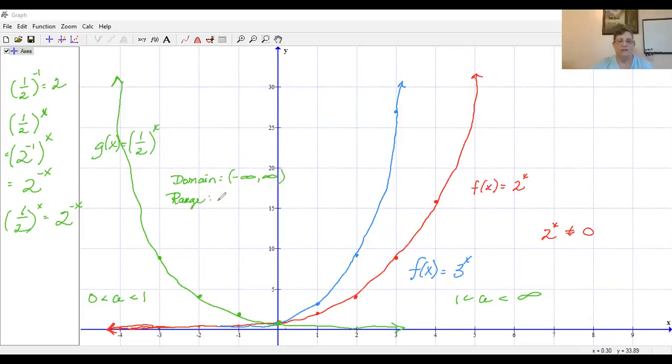The range of a basic exponential function is always going to be from 0 to infinity. And you'll notice since it can't ever get down to 0, we have a horizontal asymptote of the x-axis, which is the equation y equals 0. And that's the basics of graphing an exponential function.